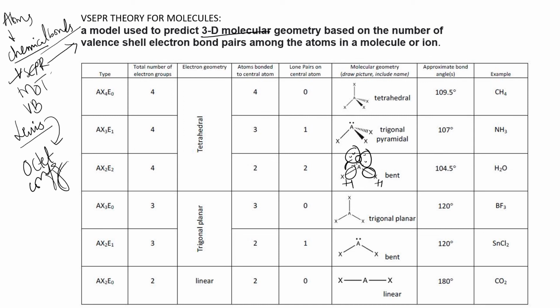To minimize the repulsion between these pairs, the bent configuration is taken by the water molecule with an angle of 104.5 degrees. If there were no lone pair, it would have taken 120 degrees. An example is BF3. And then we also look at the carbon dioxide structure. It is 180 degrees and it is linear in shape.